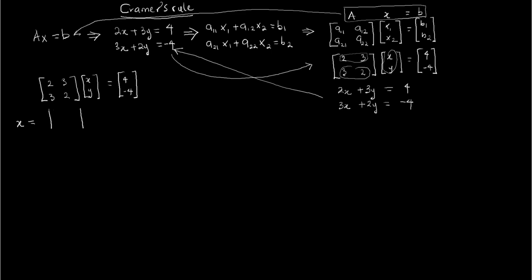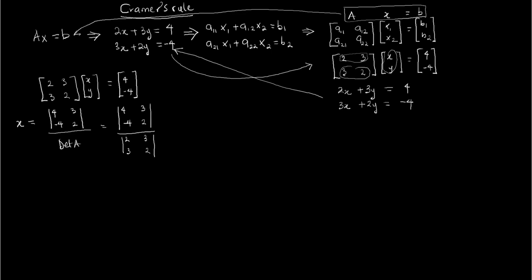So we have 4, minus 4, 3, and 2, divided by the determinant of A, remembering that A is the matrix here. That is my 4, minus 4, 3, 2 divided by the determinant of A, which is 2, 3, 3, 2.